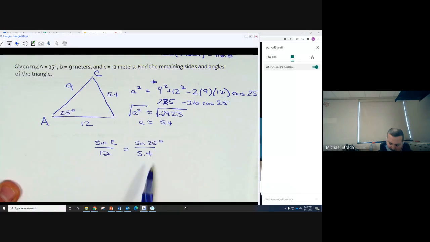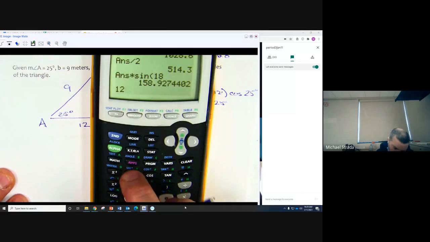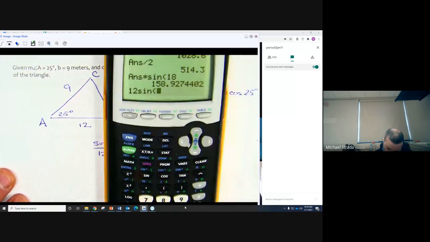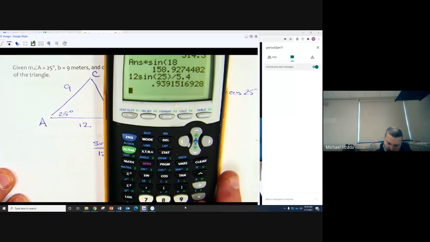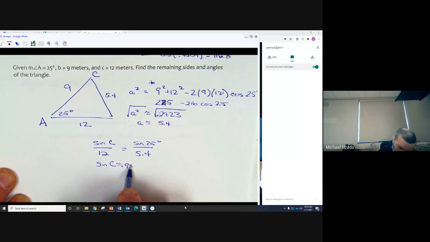Twelve times sine 25 divided by 5.4. I get that decimal, 0.93915. So the sine of C is approximately 0.9392.